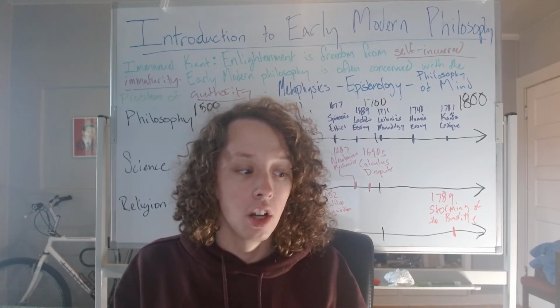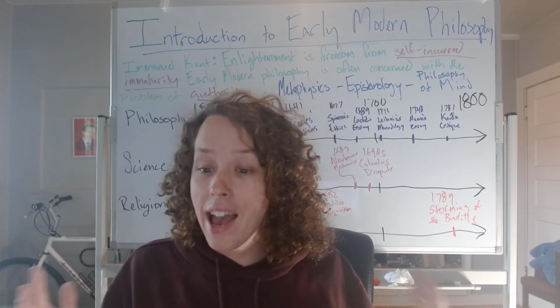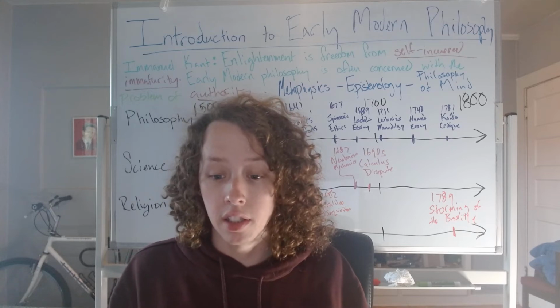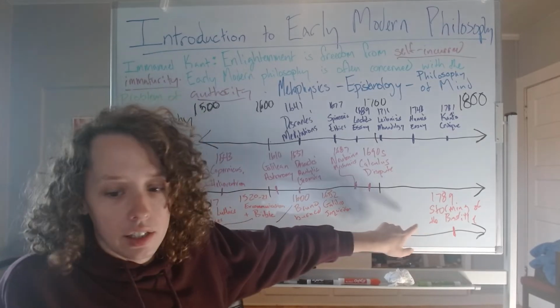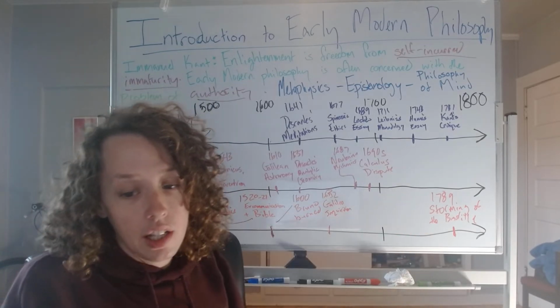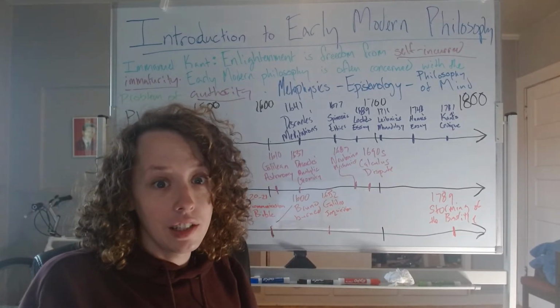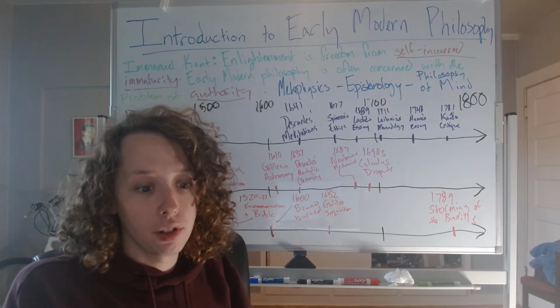In addition, around the end of the period that we're discussing, I have here written on the religious timeline, around 1789, we see the storming of the Bastille and the beginning of the French Revolution.